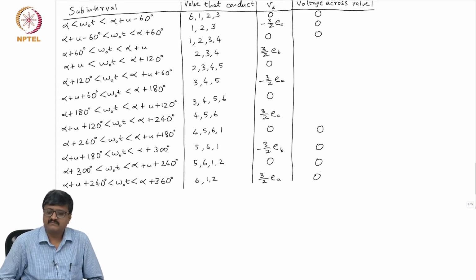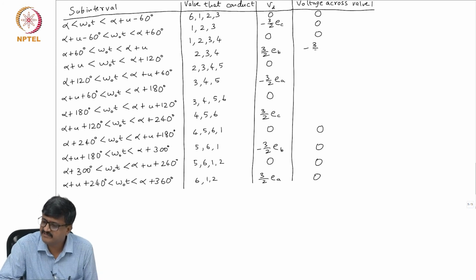What about the subinterval in which valves 2, 3 and 4 are conducting? We showed that it is equal to minus Vd. So, that means this is minus 3 by 2 Eb.